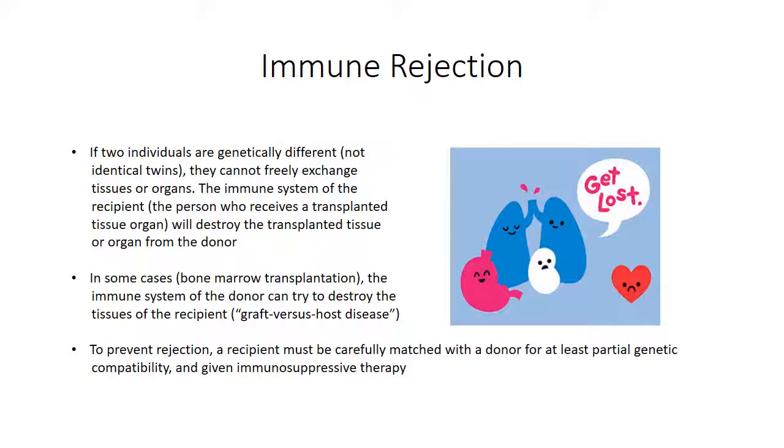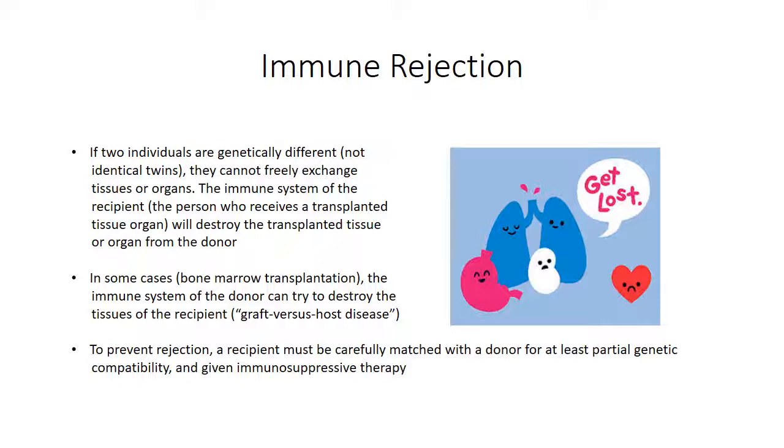So there is no need to match the donor of the transplant and the recipient of the transplant. They are like Xerox copies of each other. Biologically, they are absolutely genetically the same.